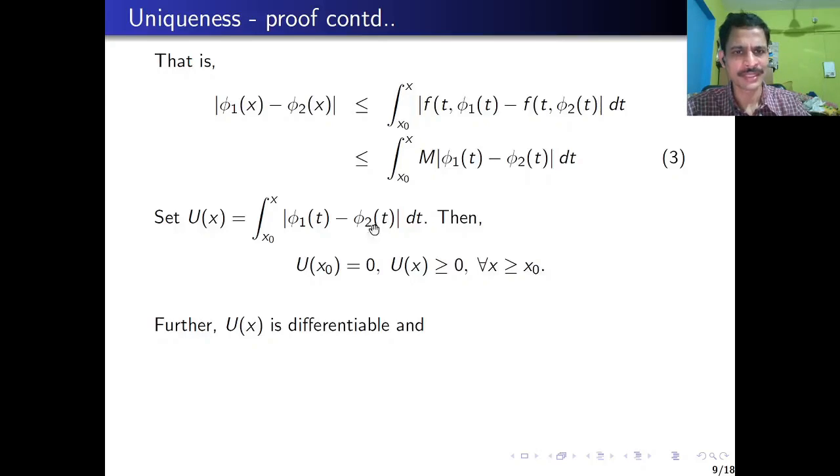Further, since the quantity modulus of phi1 t minus phi2 t is continuous, this integral is differentiable, and the derivative is the quantity present under the integral sign. So we have u dash x is equal to modulus of phi1x minus phi2x.